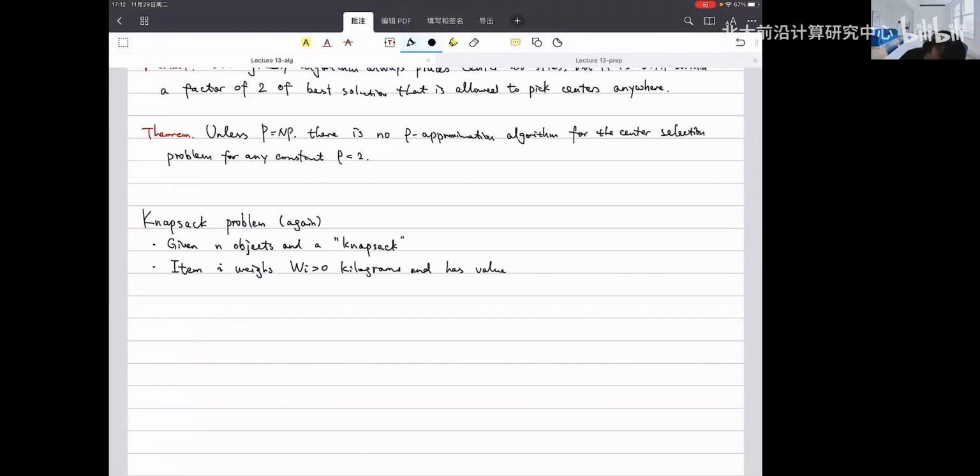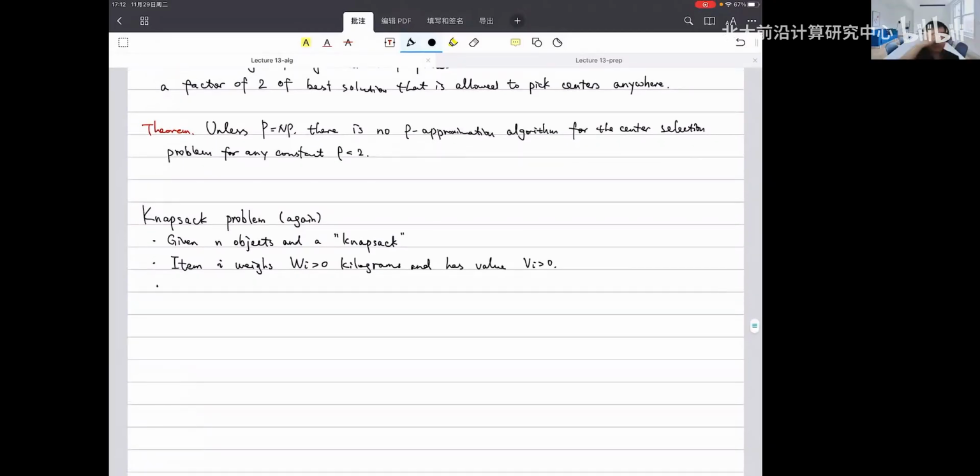And it has a value vi larger than 0. And the knapsack has a capacity of W kilograms.